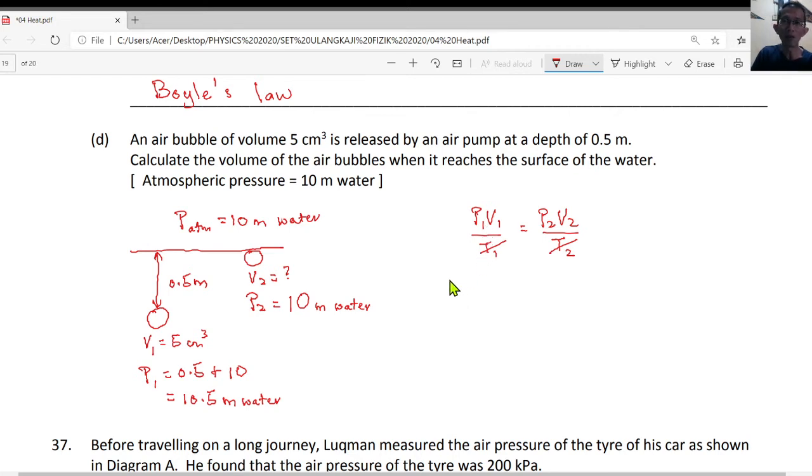P1 is 10.5, V1 is 5 cubic centimeter, P2 is 10, and V2 is what we want to find out. So I believe now we can calculate our V2. V2 is 5.25 cubic centimeter. My 5 looks like 6, right?